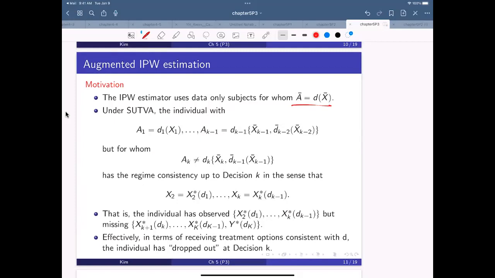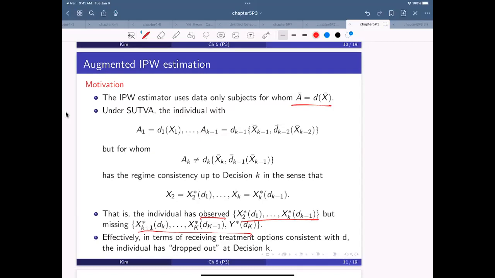Potential outcomes are conceptually unobservable. But as long as consistency holds, we can use the observed data and make sure they match. So we can treat this as the observed part of the data and treat the others as missing data.